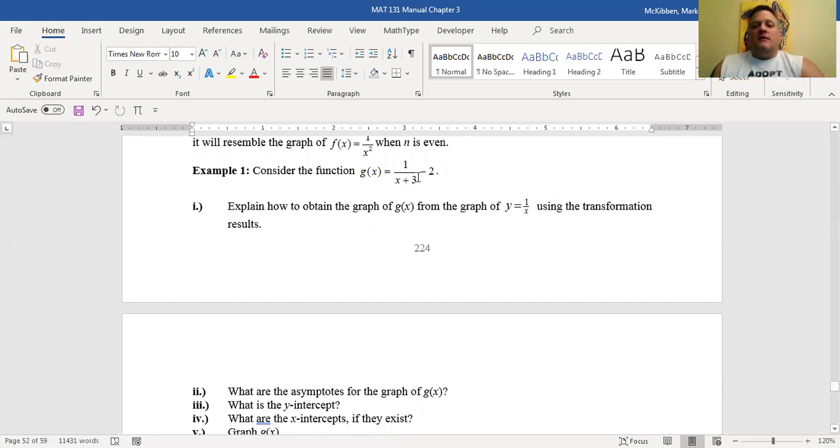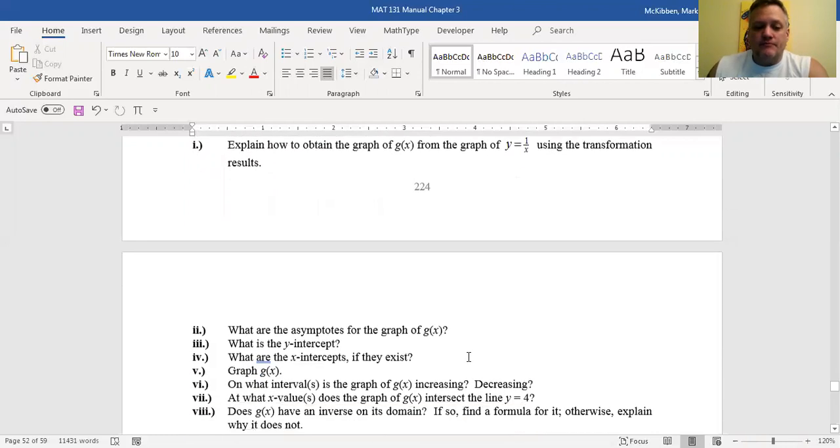And so here, to get the graph of this guy, I'm going to first move 1 over x to the left 3 units. That means that the vertical asymptote is now going to move from the y-axis, which is x equal to 0, to x equals minus 3. And notice that also is the x value that makes the bottom 0. And then we're going to move that graph down 2 units. So the horizontal asymptote is going to move from y equals 0 to y equals negative 2.